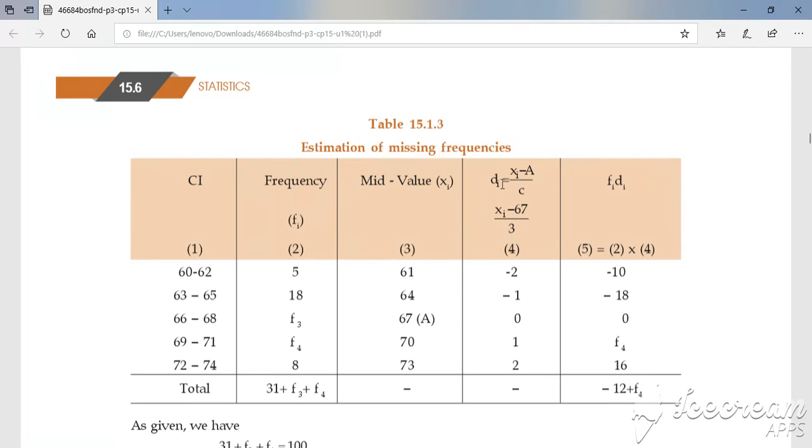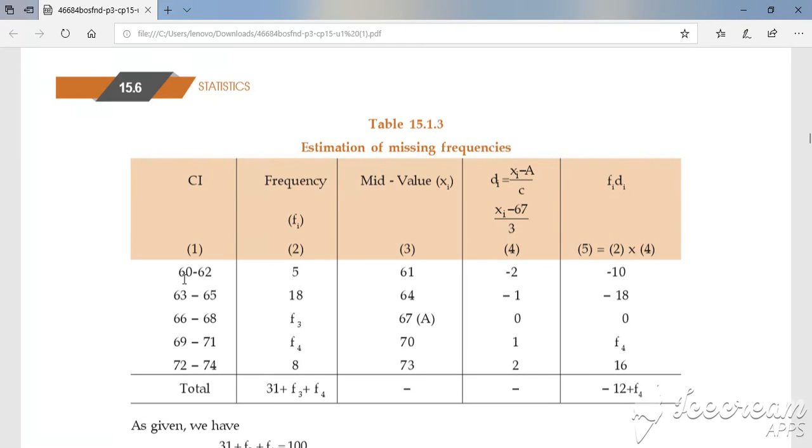So they have considered di as di equals (xi minus a) by c. Now for this di, capital A they considered as 67, the middlemost observation. So it is 67. So minus 67 divided by class width, they considered as what? 3. How? 59.